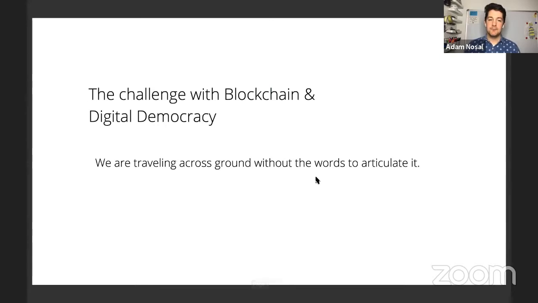It highlighted the challenge with blockchain and digital democracy in general, that we're traveling across ground without words to articulate it. You'll often find this if you're involved with blockchain forms of digital democracy, that a whole new realm of language has appeared in that space to try and articulate what things mean.